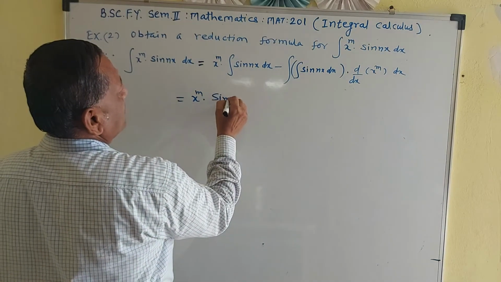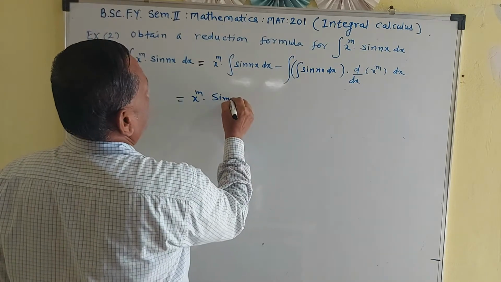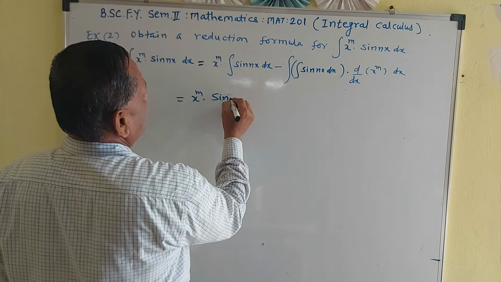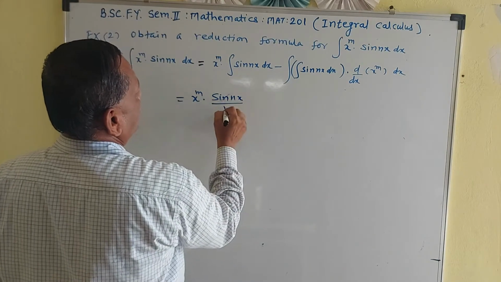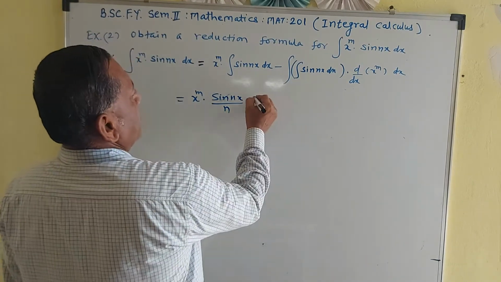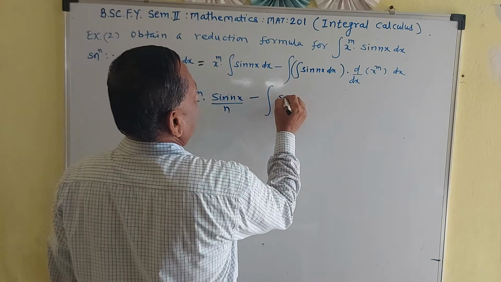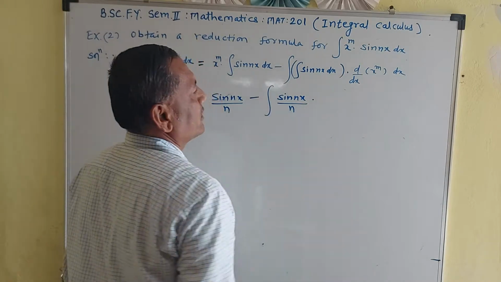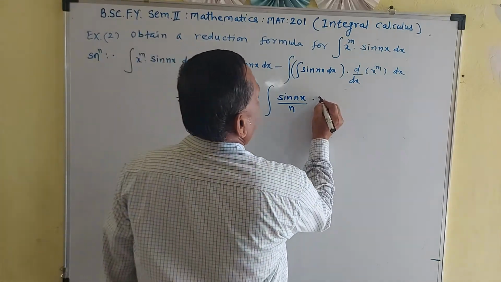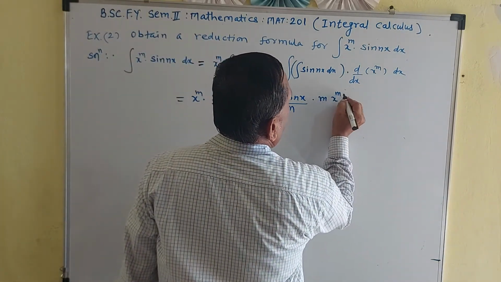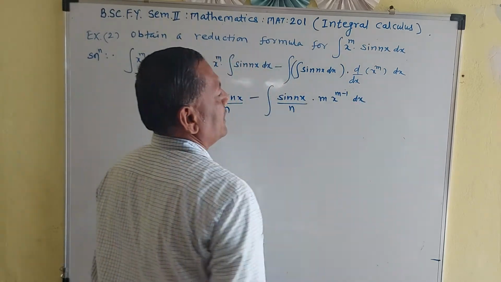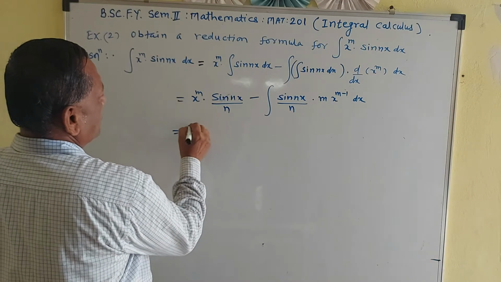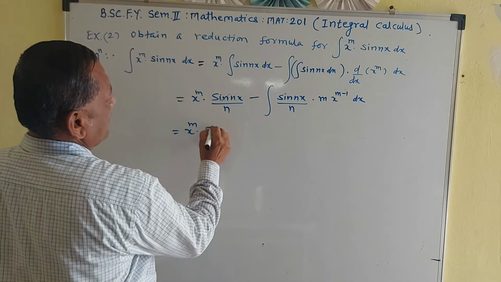Here sin nx upon n, minus integration of sin nx upon n into derivative of x raised to m, which is m into x raised to m minus 1 dx. So this can be written as x raised to m into sin nx.